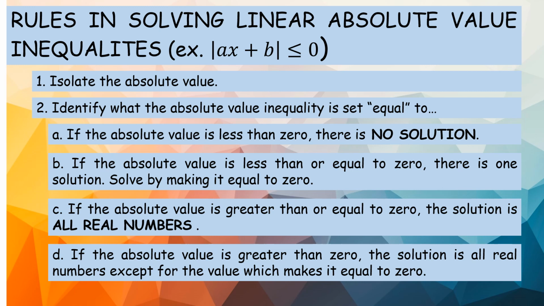So this is connected with rule C. It's all real numbers if you have greater than or equal to 0. If it's just greater than 0, we need to remove the solution that is part of when x is equal to 0.